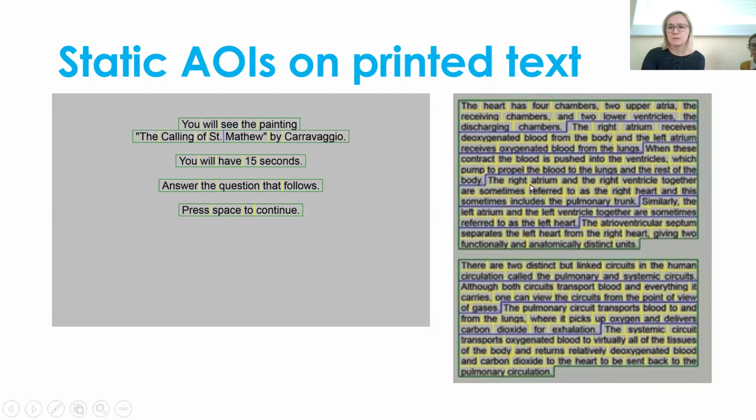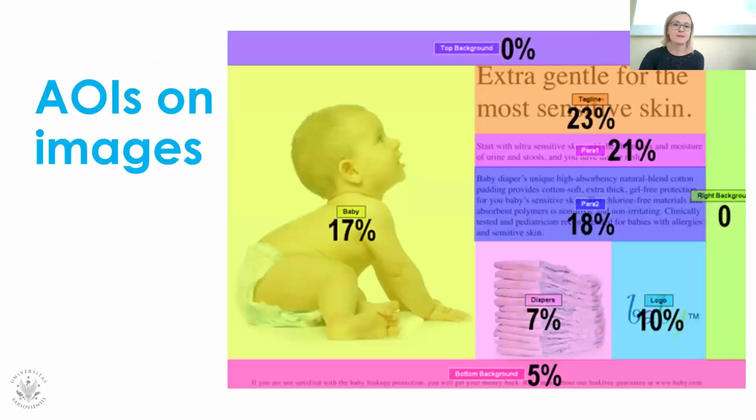The purple ones would be sentences, and it can also do separate characters, okay? And that's very simple. It's done automatically on text, not on subtitles, as I mentioned earlier. And these are static areas of interest, right? It's just defined, and they are there for as long as a person reads.